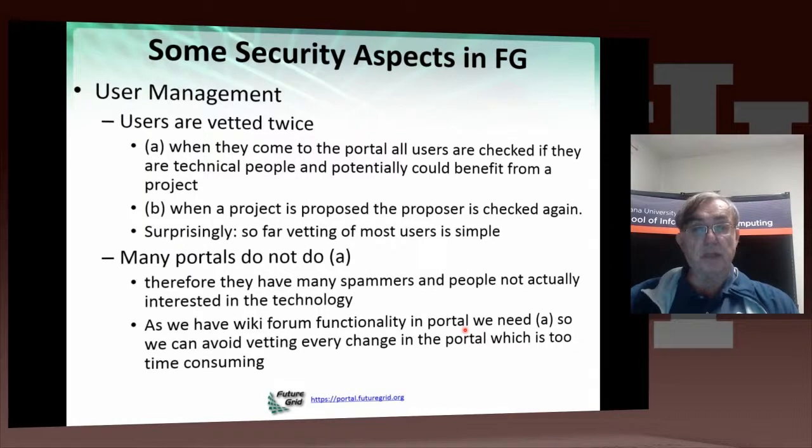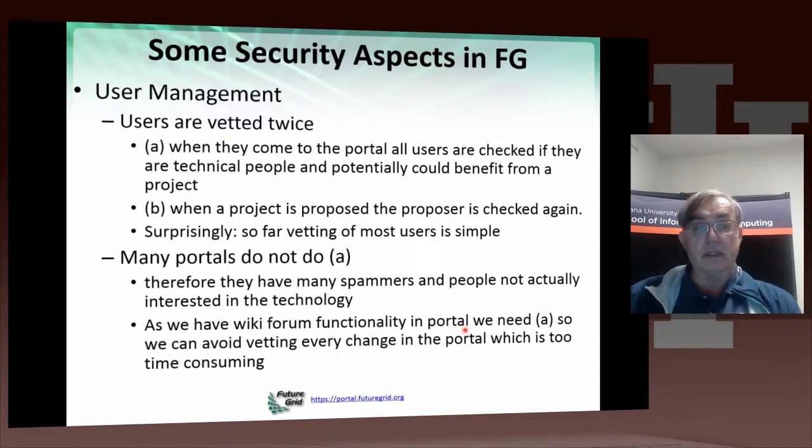So we look at the FutureGrid security model. The users are vetted twice. When you come into the portal, you're checked to see if you are a real person, so people do not automatically get portal accounts. We have to verify that they come from a site that could use FutureGrid, so a research environment of some sort.